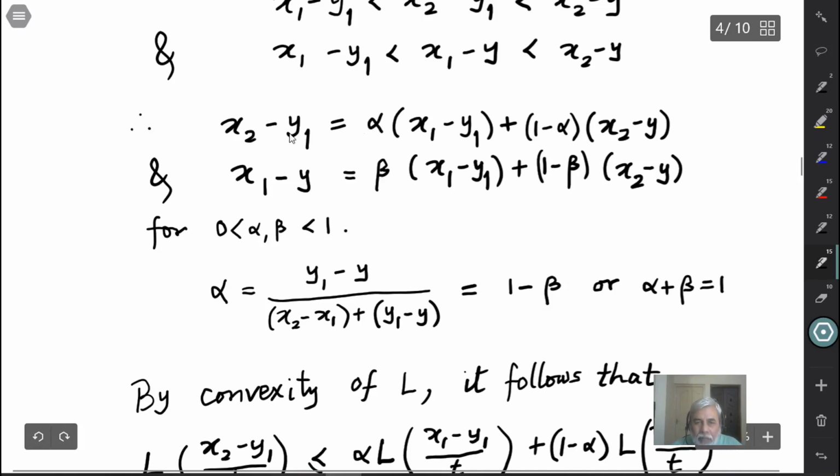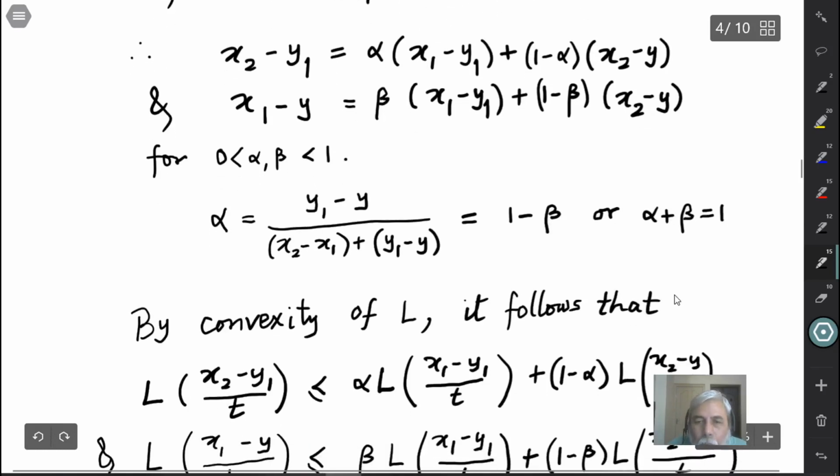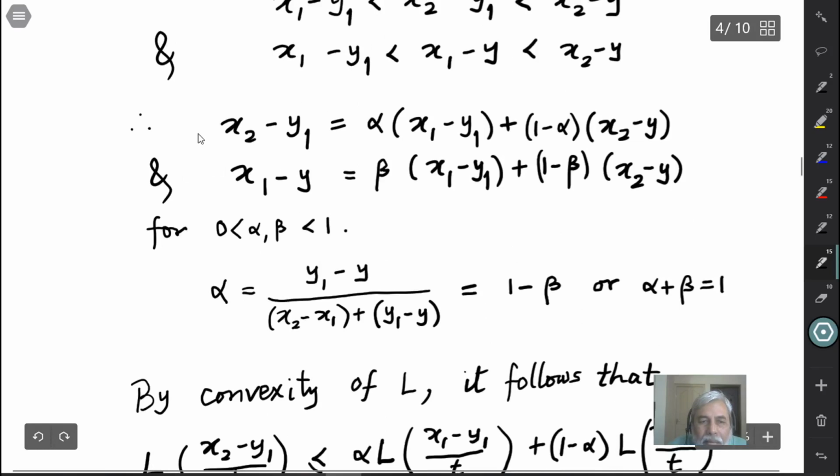Okay, that's what I meant by convex combination. And these constants alpha and beta are related by alpha equal to 1 minus beta, or alpha plus beta equal to 1. So now you apply convexity on this statement that x2 minus y1 is written as a convex combination.